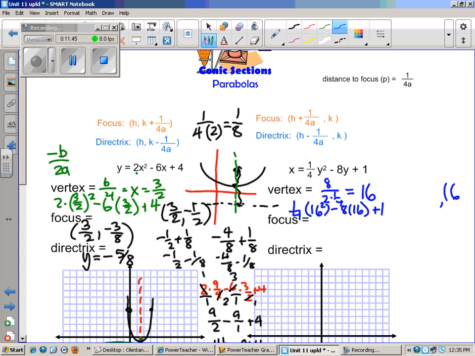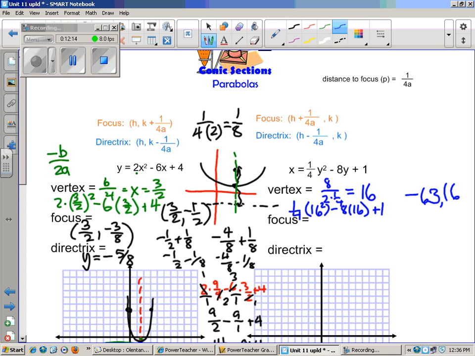So 16 squared is 256, and 1/4 of 256 is 64. And 64 minus, and 8 times 16 is 128. So 64 minus 128 is negative 64. Negative 64 plus 1 is negative 63. Clearly, if you ask me to graph this, it is going to be really hard. Okay, so that's my x.